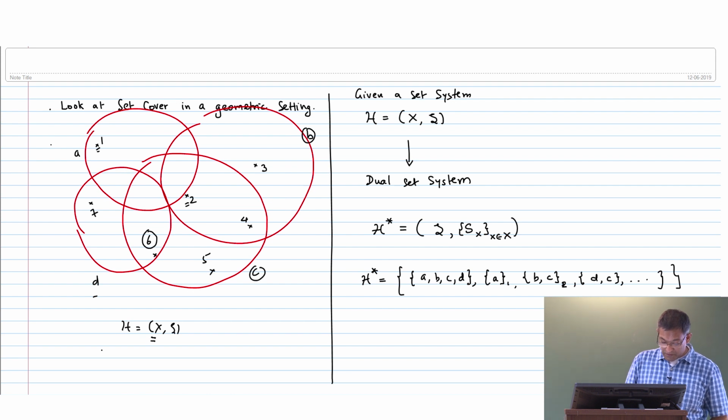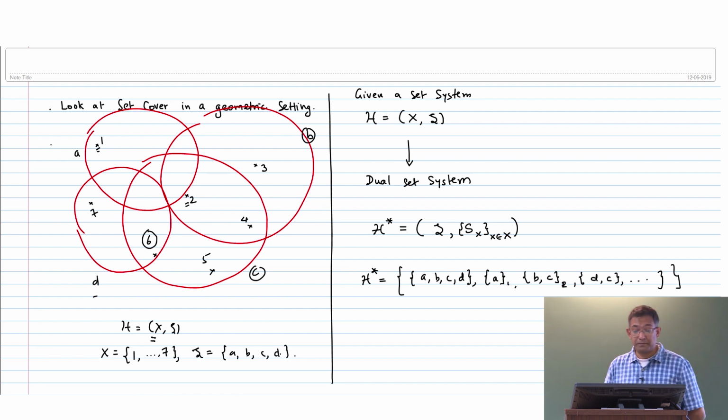Here X is 1 to 7. S are the sets, the disks A, B, C, D. In the dual set system, the elements are the sets A, B, C, D, and the sets are, for every point, the collection of sets that cover it.